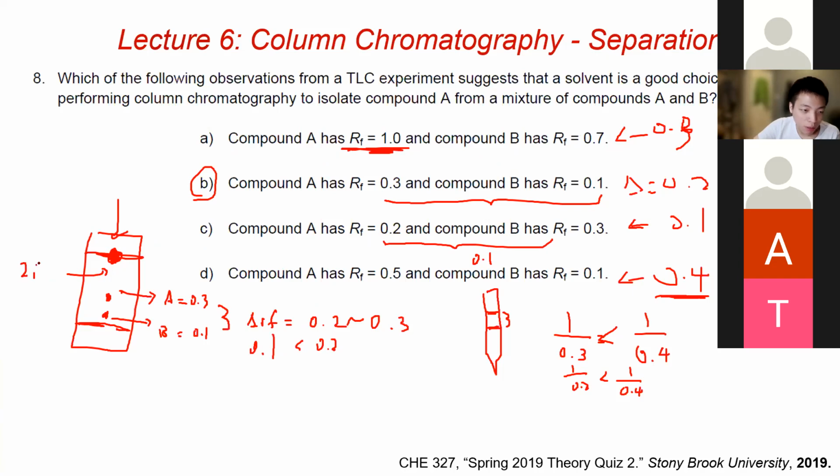So you can have 2 or 3 compounds. So if RF is 1, it stays at the top. Yeah, and we don't want to create a plate that has an RF value of 1. It's not meaningful to analyze it, unless you know that it's really polar or really non-polar according to the mobile phase, and then fix it.